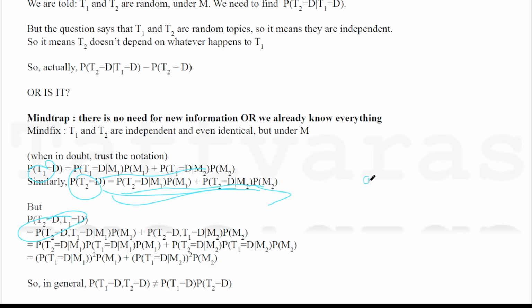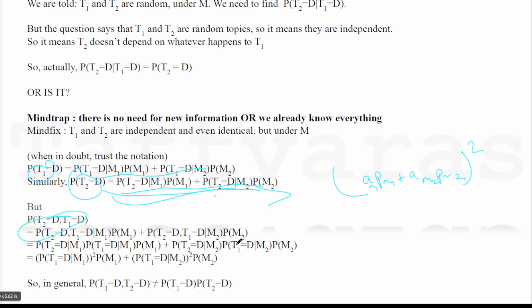So you have something like a P(m1) and this thing under m2. You have this, and the same thing is over here, so this is the whole square of this.